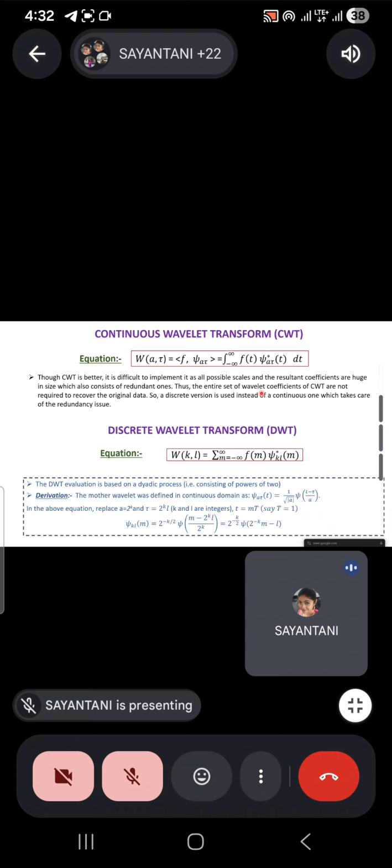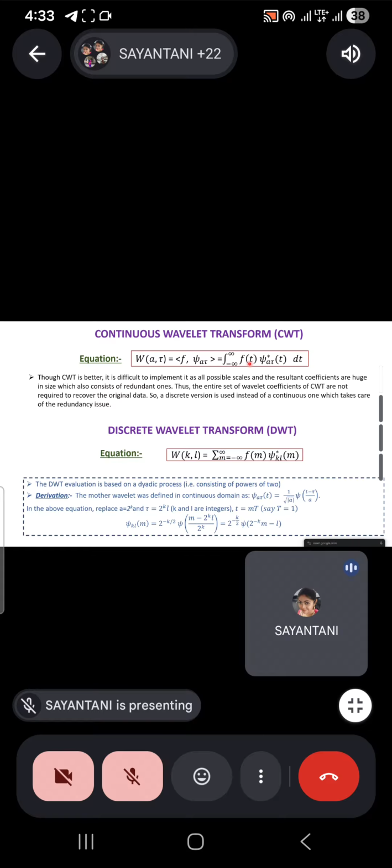A certain amount of these coefficients are quite redundant, which increases the computational complexity of the continuous wavelet transform. So to remove this redundancy and make it computationally inexpensive, we generally do not go for the continuous wavelet transform. We go for the discrete wavelet transform.